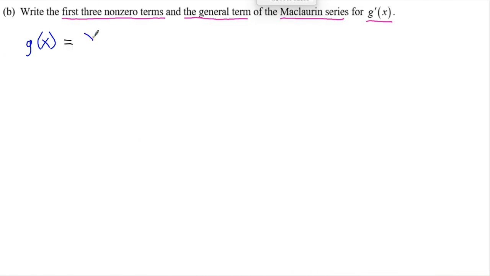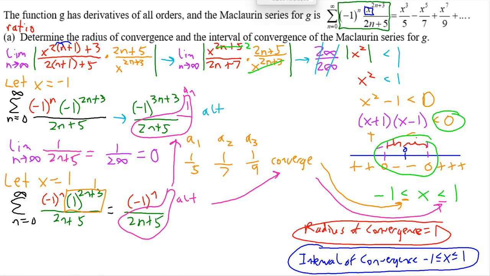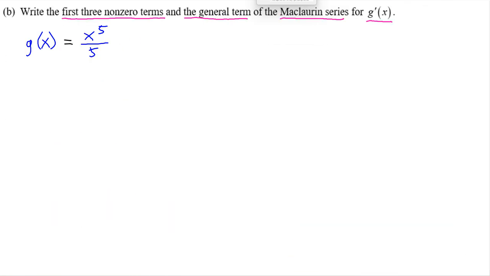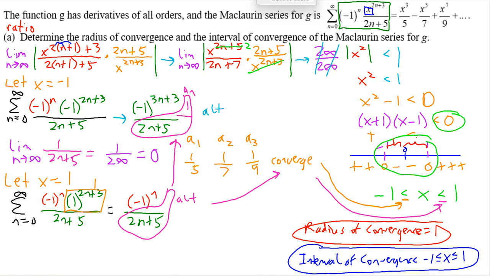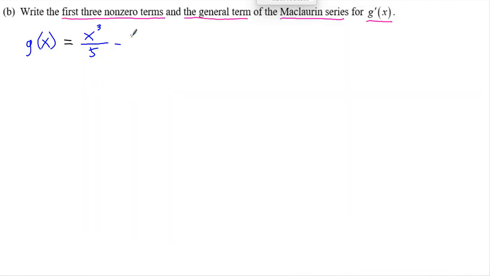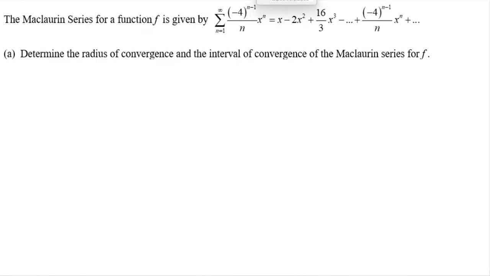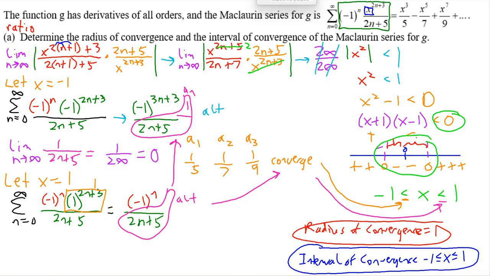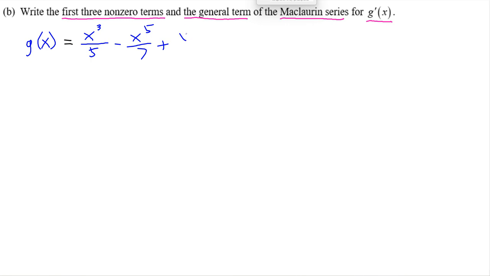So that gives us x to the 5th over 5 minus x to the 3rd over 5. Minus x to the 5th over 7. Oops. Plus x to the 7th over 9. And then plus dot dot dot, and where you can put the general term is right after this.